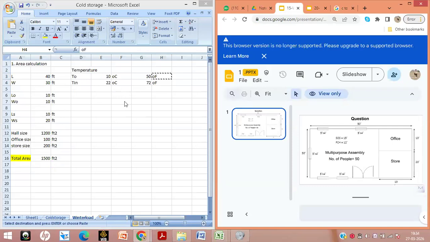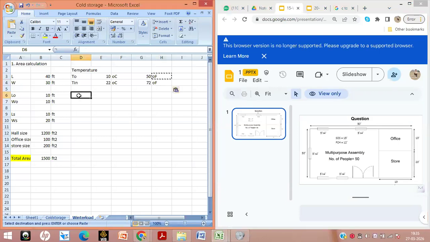Assume that, and here it's given that FCH is floor to ceiling height, which is 12 feet. And let's consider the slab height also. Slab height is 15 feet. Okay, so it's already given.